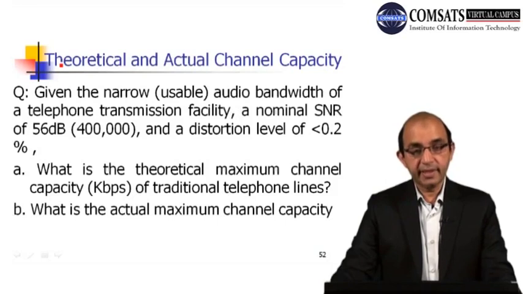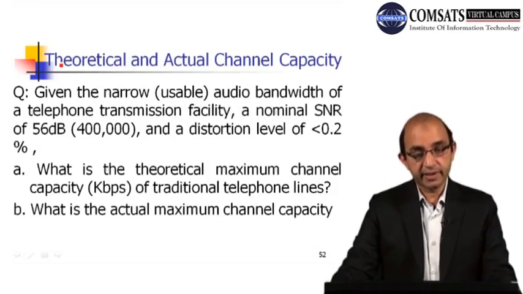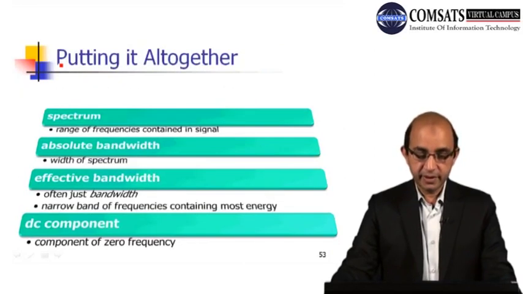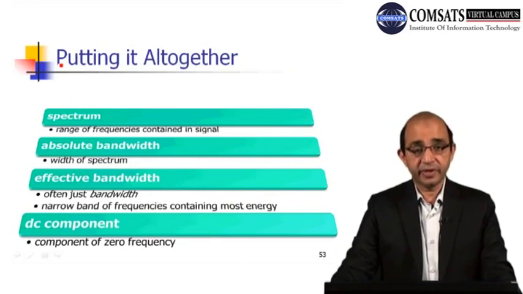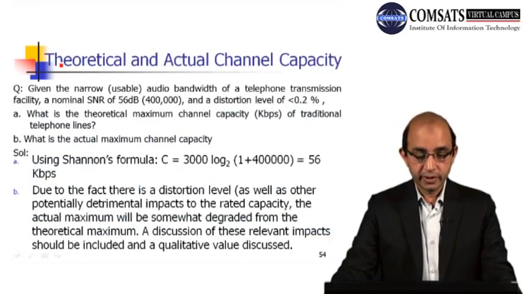So what is the maximum channel capacity, that is in the context of theory, and what is the actual channel capacity? So here are some of the definitions which we have already gone through.